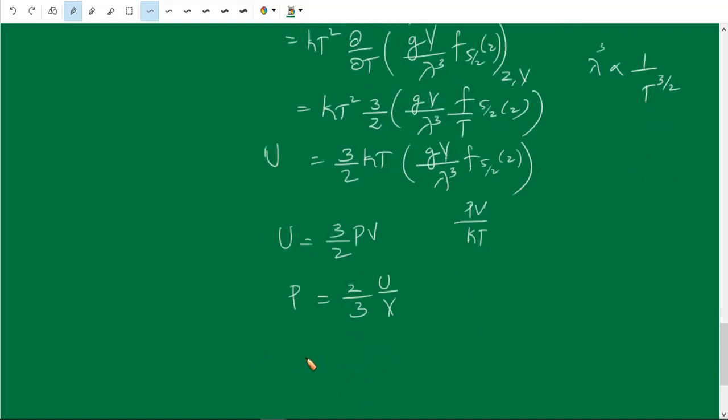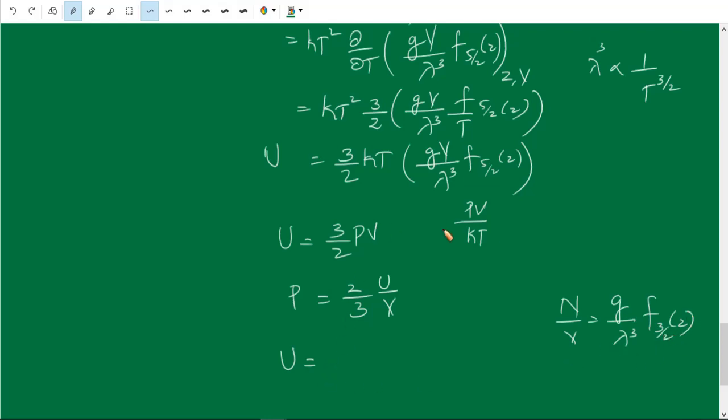So the pressure is 2/3 of the energy density. Also we can write the internal energy U, using the expression N divided by V equal to g by lambda cube f 3 by 2 of z, the Bose-Einstein function of 3 by 2.